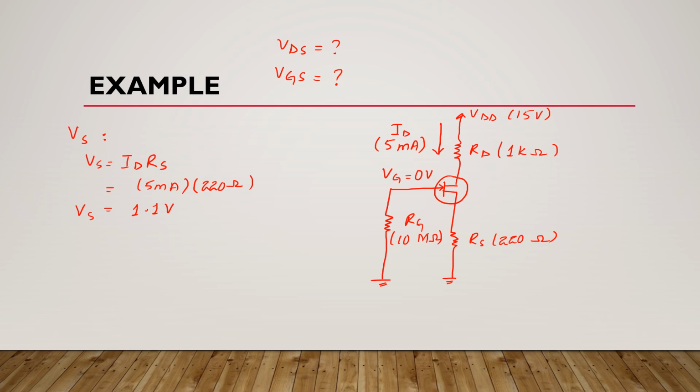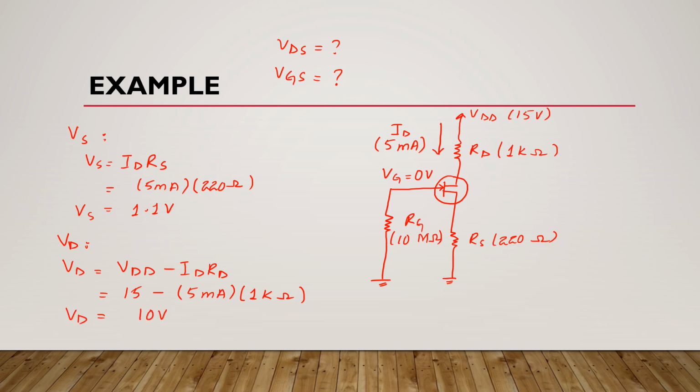Now we will find drain voltage. We know that drain voltage is equal to VDD minus ID RD. Here this VDD is 15 volts and this ID is 5 milliamperes and RD is 1 kilo ohms. After solving this, you will get 10 volts.